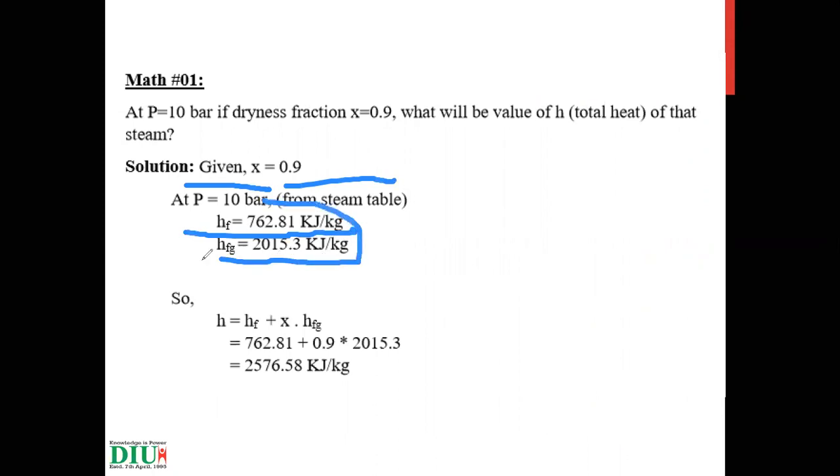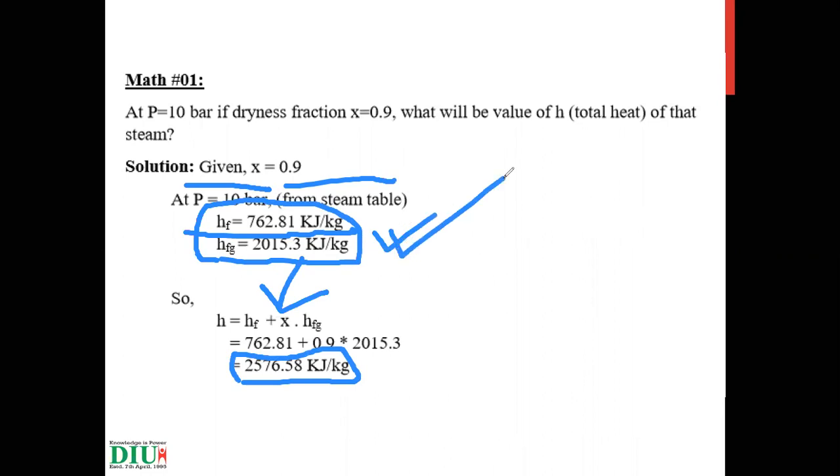These two values we are getting from that steam table. Now put these values into the equation, and whatever value you get is the total heat of the system. Clear? Is it clear, my student? Yes, sir. Yes. We are getting the values from the steam table.